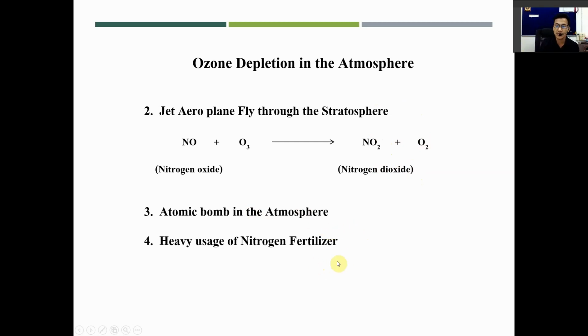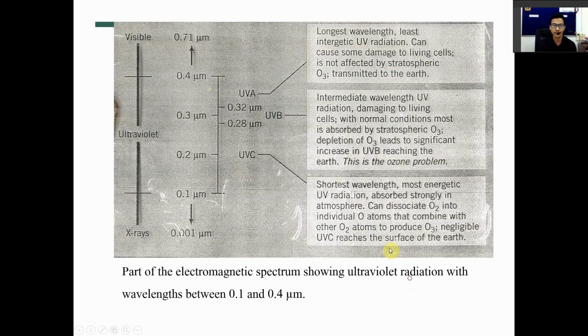Heavy use of nitrogen fertilizer, as we'll come back to this again. And methyl bromide, which was already banned in the year 2000. Methyl bromide is kind of the same as CFC, because the bromide can be activated as well, and then bring about the free radical that can activate the chain reaction of breaking down the ozone.